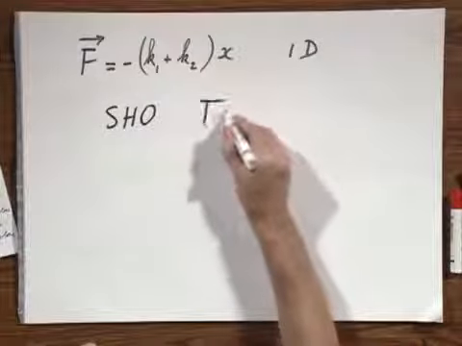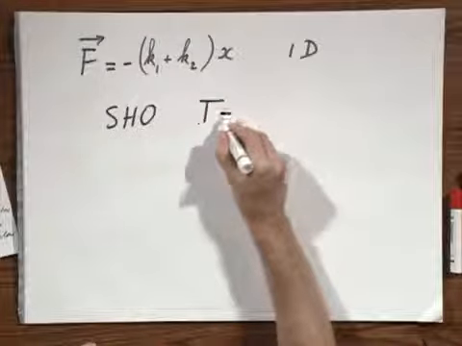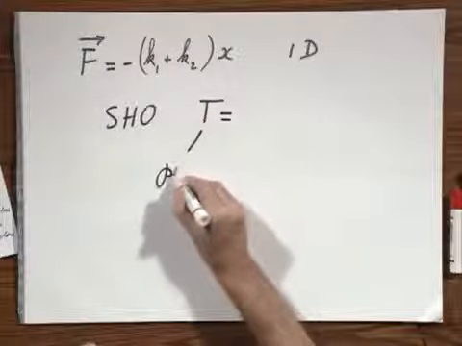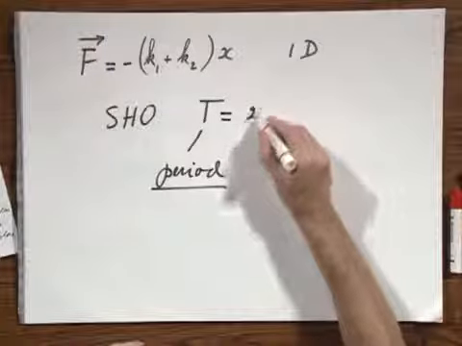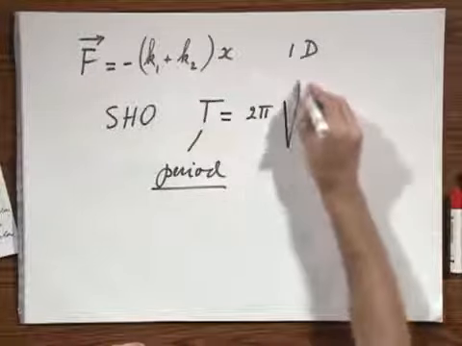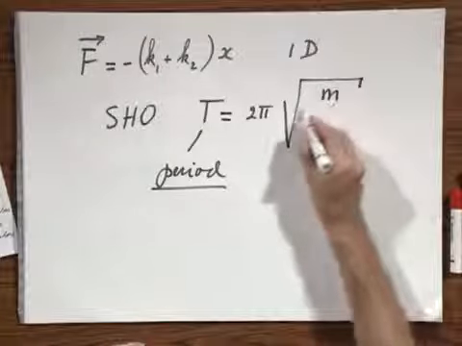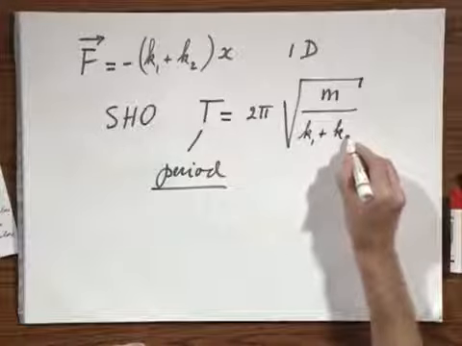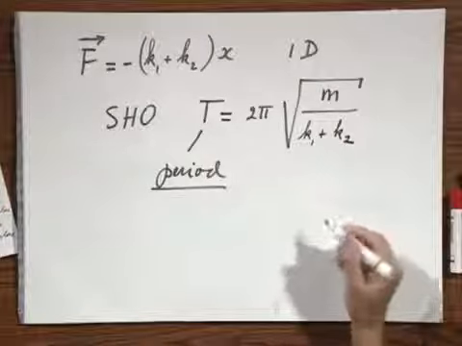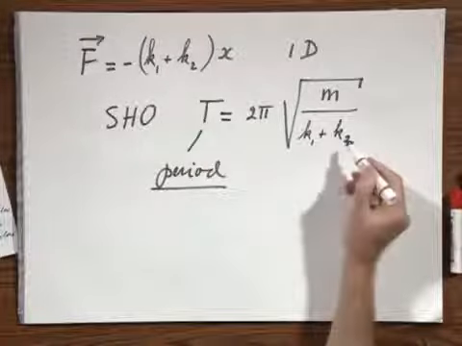And the period of the simple harmonic oscillator, T, this is the period. This has nothing to do with tension, equals 2 pi times the square root of the mass of the object divided by K1 plus K2. The springs act together.